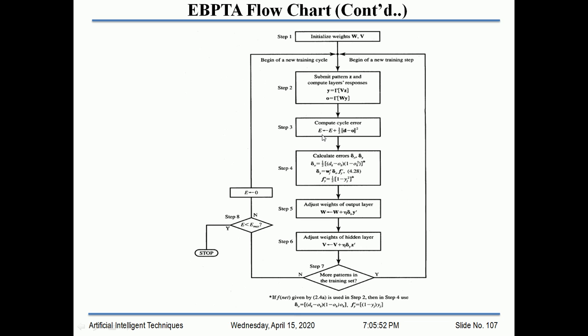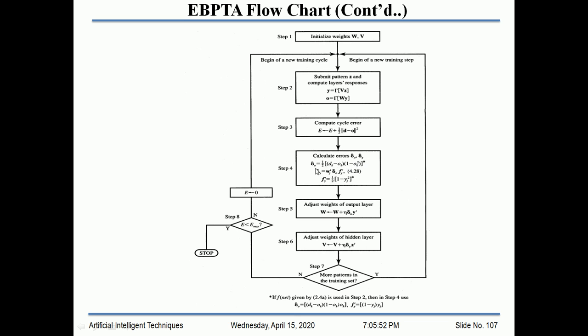The new error is E plus half into (d minus o) whole squared. The next step is you have to calculate the error signals, that is delta ok and delta yj.